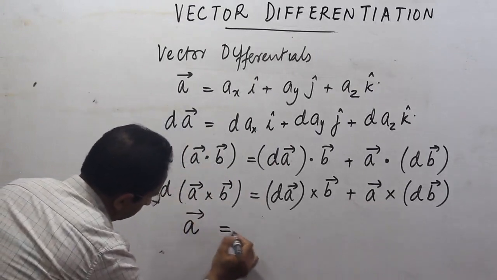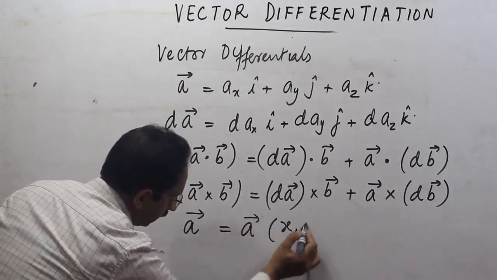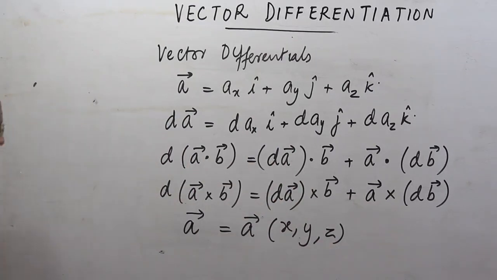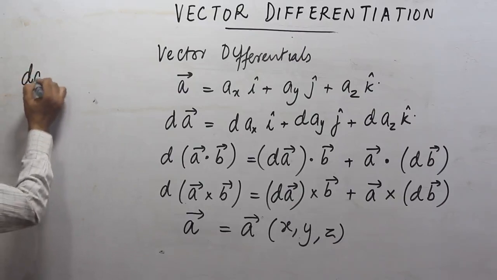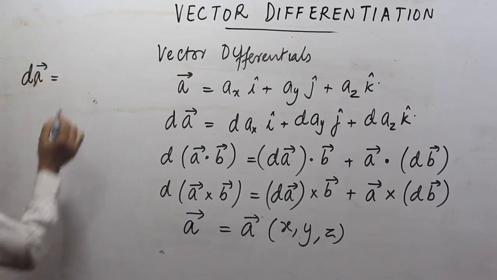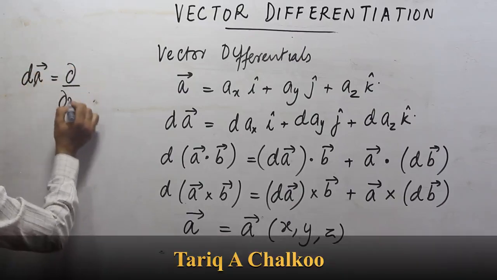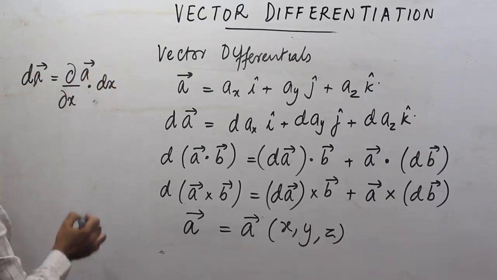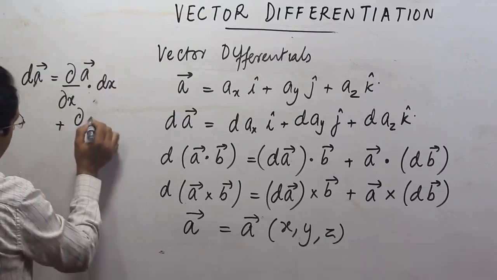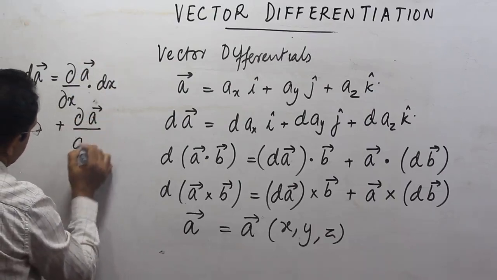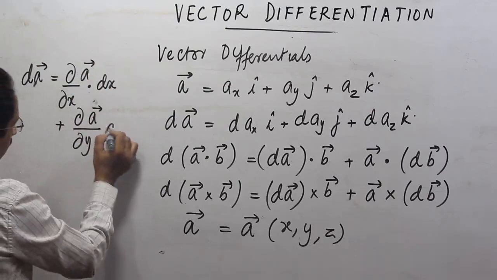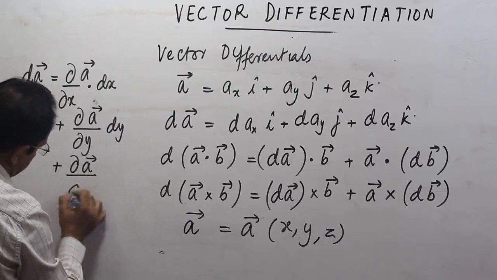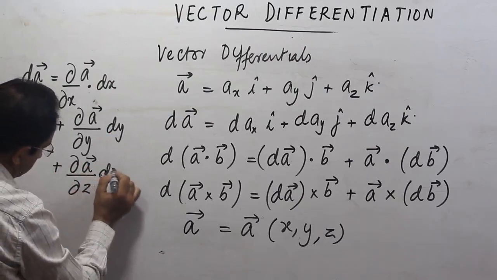If a vector A is dependent on the coordinates x, y, z, we can define the differential of A as the partial derivative of A with respect to x into dx plus the partial derivative of A with respect to y into dy plus the partial derivative of A with respect to z into dz.